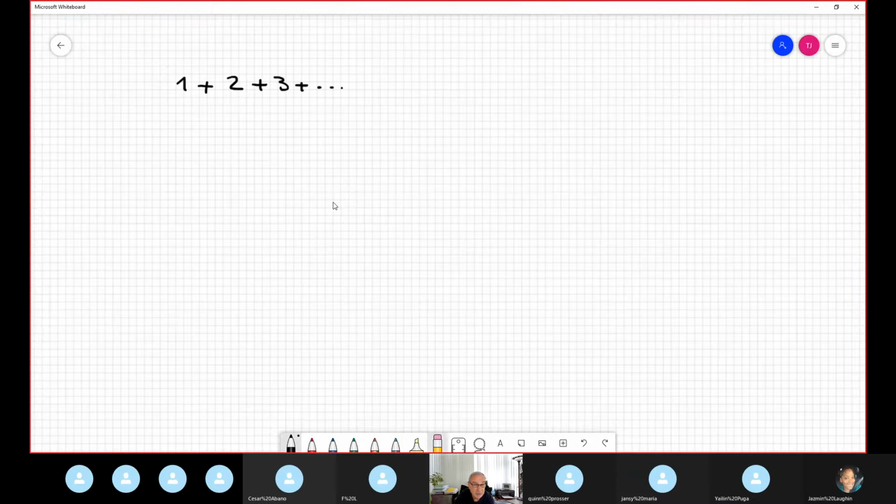Suppose this. This is a formula that we used last class: the sum of the first n natural numbers. I suppose you remember that, right? Now, let's prove that formula using mathematical induction.